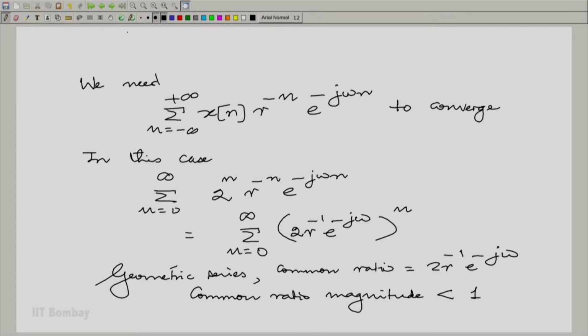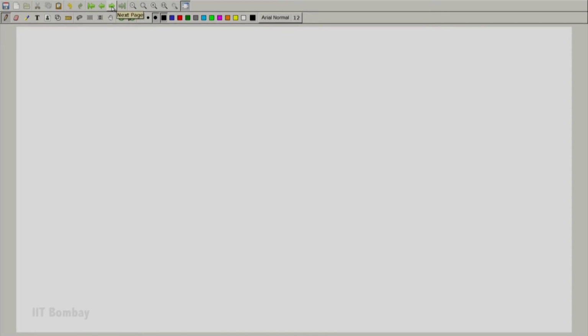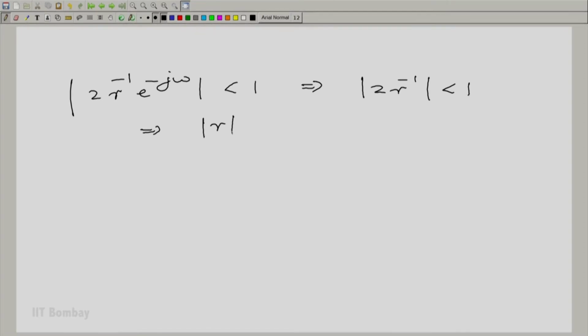How does that reflect then? We are essentially saying that |2 r^(-1) e^(-jω)| must be less than 1, but then |e^(-jω)| is just 1. So, therefore, |2 r^(-1)| is less than 1, which essentially says |r| is greater than 2.